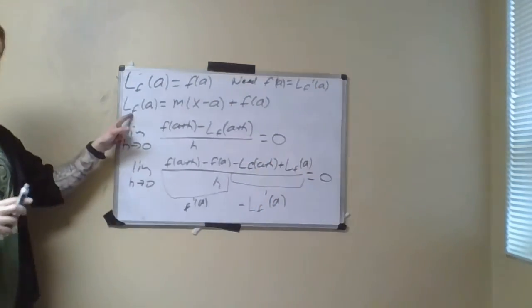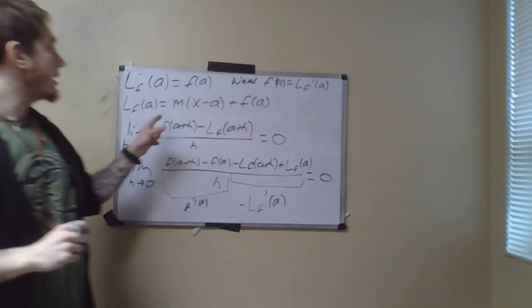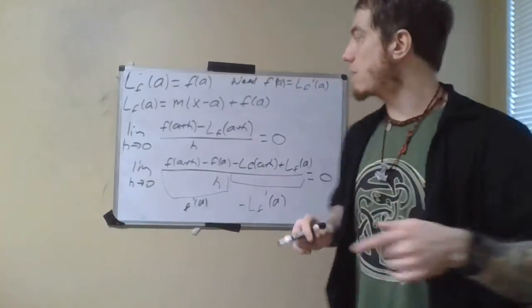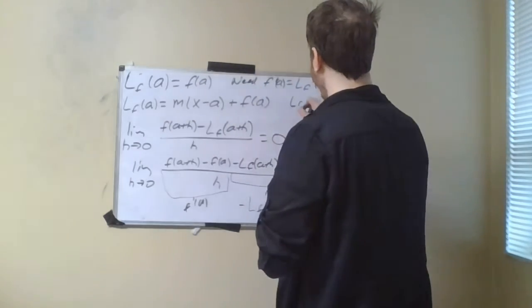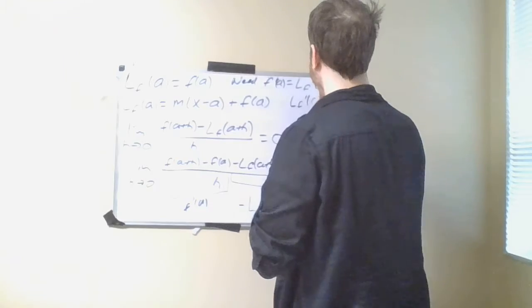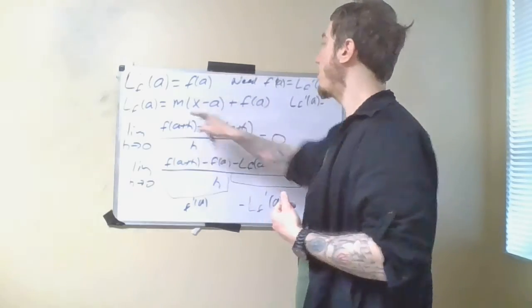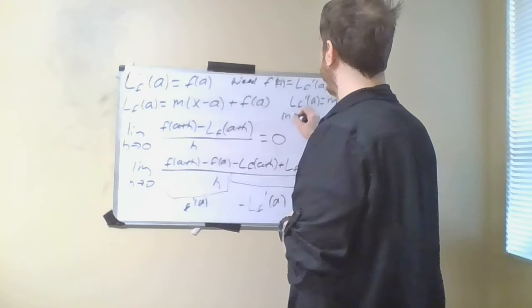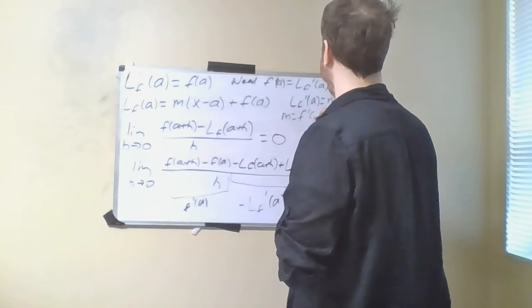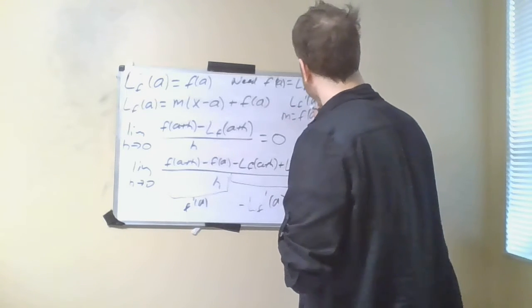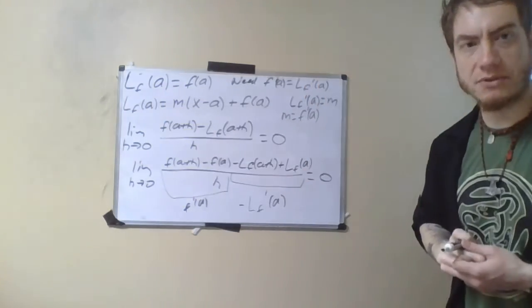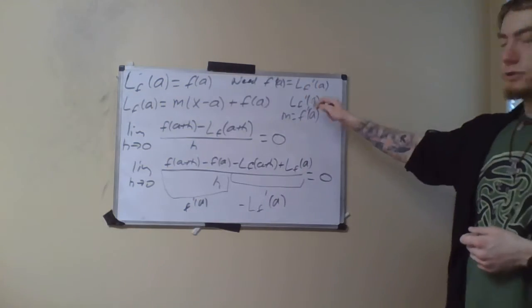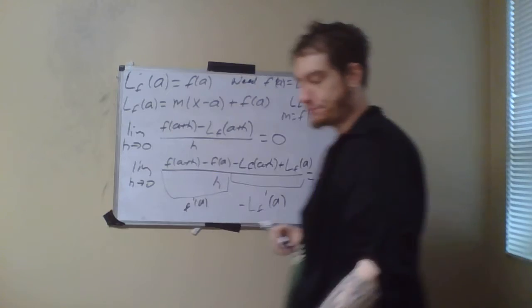However, LF, this linear function, because it is linear, we will notice that LF prime at a, in fact at any point, is just equal to this m. And what that shows me is that m needs to be equal to f prime of a. Okay, the prime disappeared inside of a parenthesis there, so I've drawn a new one.